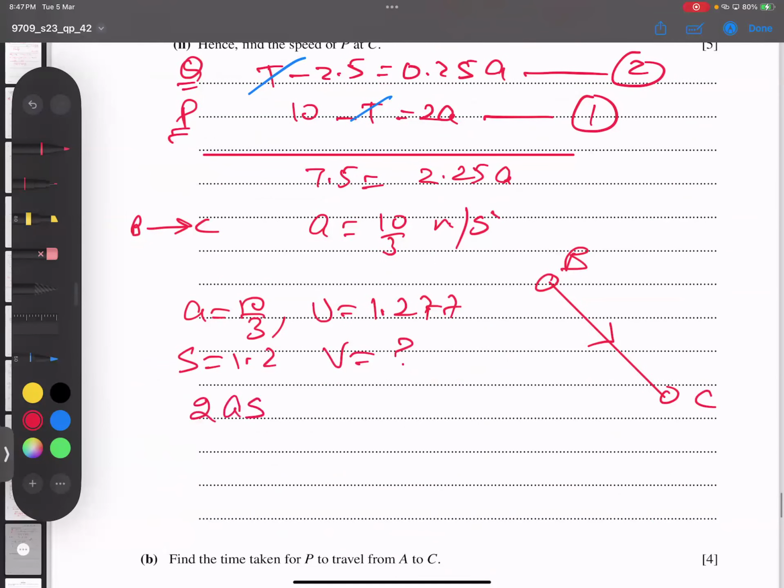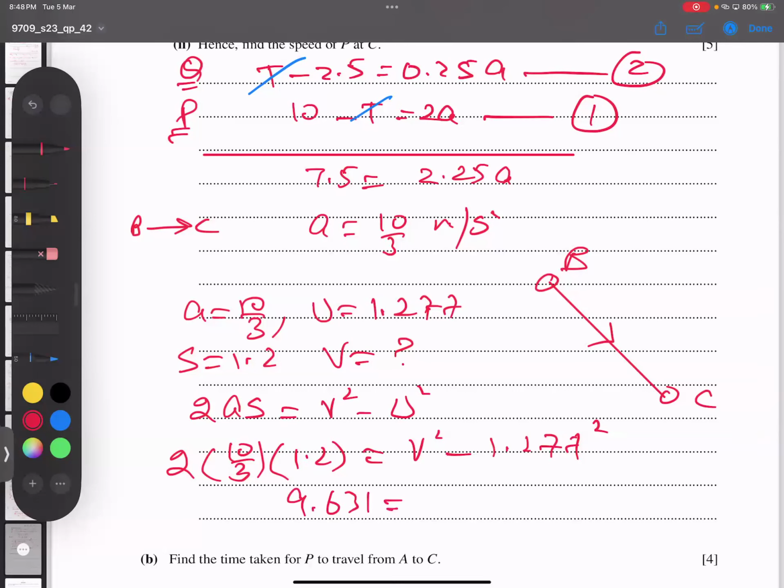So V square minus U square equals 2AS, where A is 10 over 3, S is 1.2, and U is 1.277. I type it directly in the calculator: 20 divided by 3 into 1.2 plus 1.277 square. I got 9.631 equal to V square. If I take the root of this value, I get the answer 3.1 meter per second.